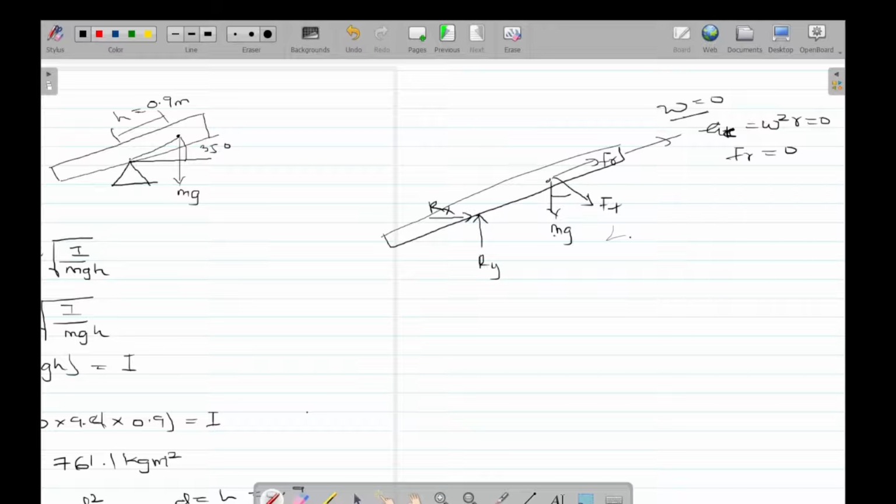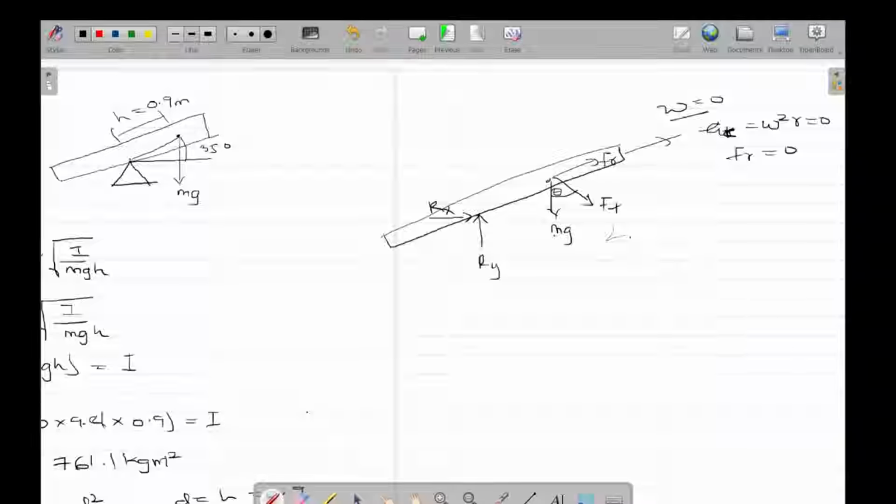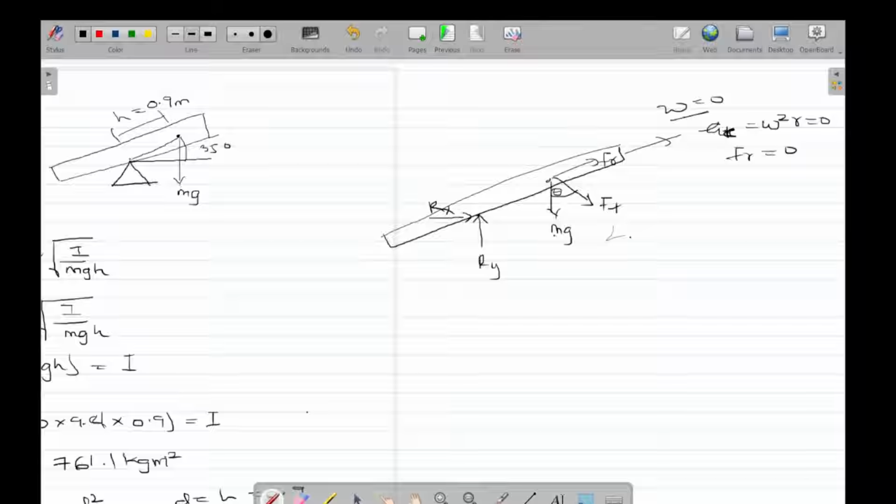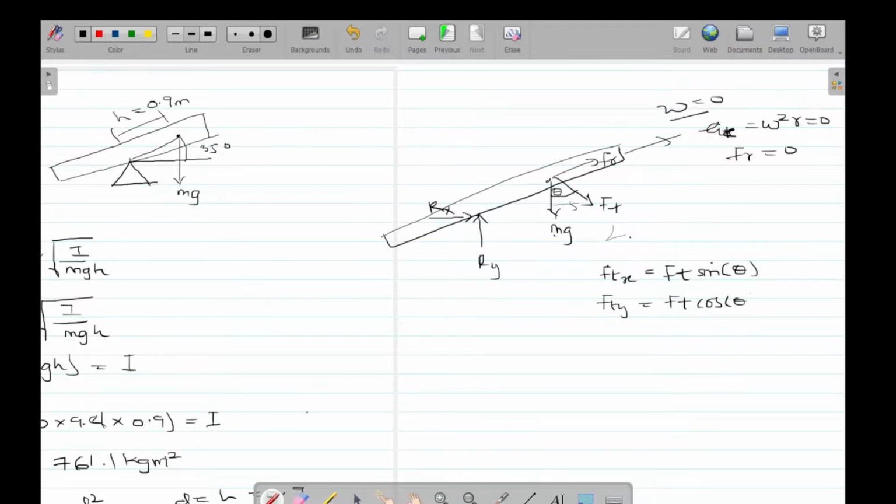Now the tangential component makes an angle theta, which is 35 degrees with the vertical, just as the body swings 35 degrees upwards. With this, if you put Ft in components, we have Ft x equal to Ft sine theta, and Ft y equal to Ft cos theta.